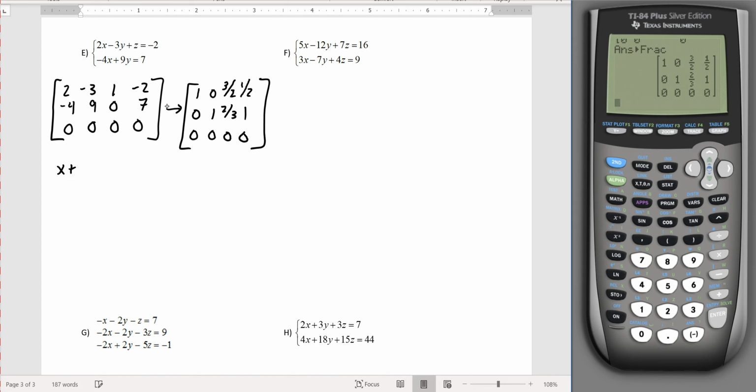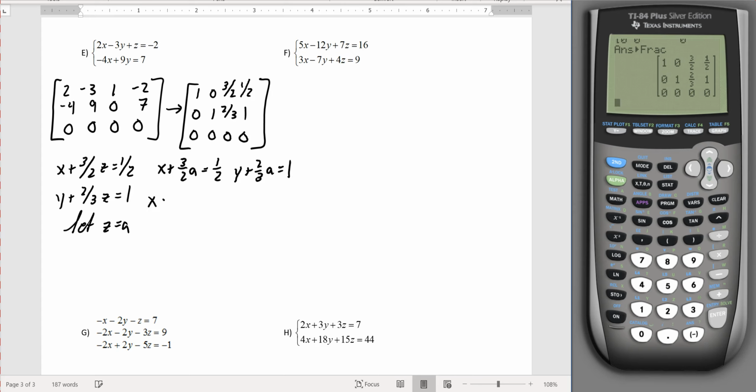Alright, so what equations do we get from this? We get x plus 3 halves of z equals 1 half, y plus 2 thirds of z equals 1, and now we say let z equal a. So I will say x plus 3 halves of a equals 1 half, y plus 2 thirds of a equals 1.